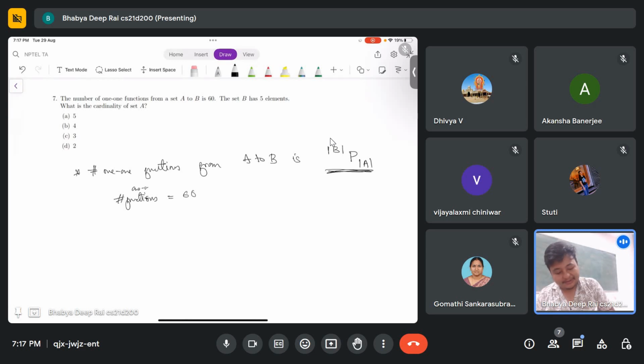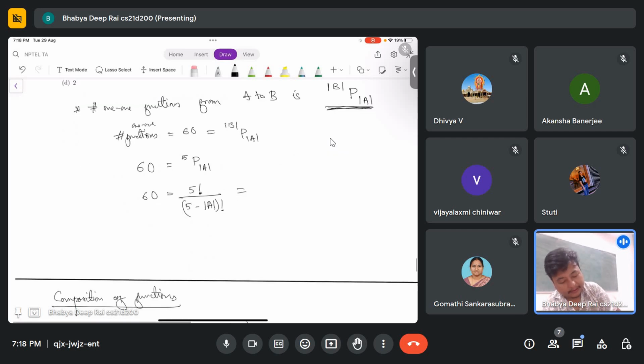The number of 1-1 functions is equal to 60 for us, which is B permutation A. Now 60 is equal to the size of B permutation size of A. This means 60 is equal to, just open up the formula of permutation, 5 factorial divided by (5 minus cardinality of A) factorial. This is what we have.